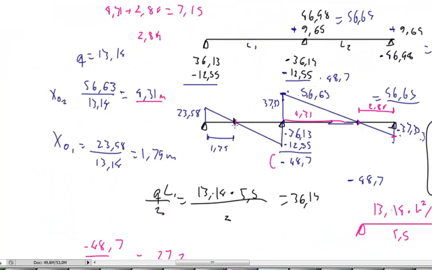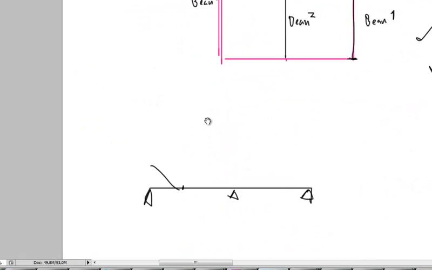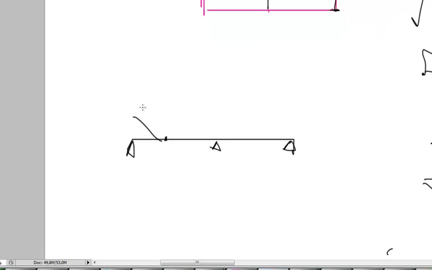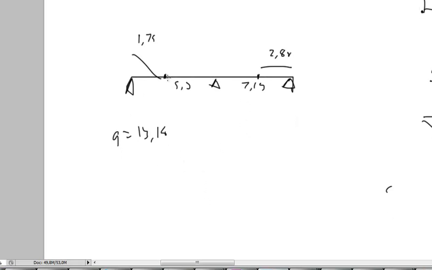It's QL cubed divided by 24 EI. On this side it becomes like this. I'm not sure if this is the 100% correct formula, or if this is the way to think about it. This one, the load down here, makes this rotate like this, right?